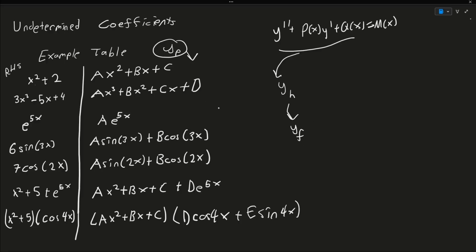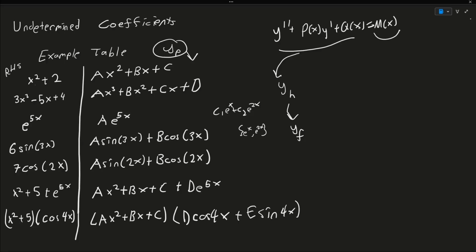For example, we had c1 e to the x plus c2 e to the, let's say, 2x. This is one of the distinct real root solutions we had previously. Our fundamental set of solutions will be e to the x, e to the 2x. And you want to have that on hand.